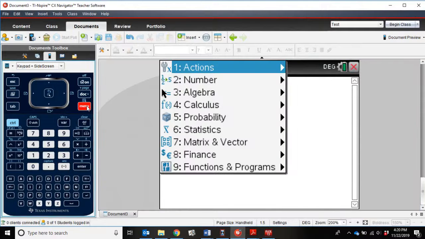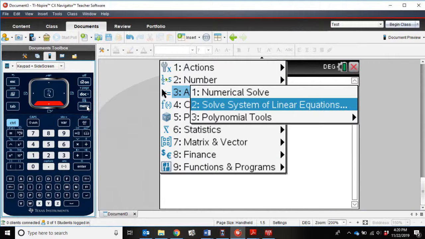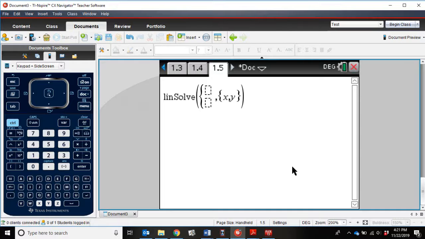So menu 3 for algebra, 2 to solve a system of linear equations. And we have 2 equations that we're solving, so we keep the number of equations as 2. We keep our variables as x and y, and we just press OK.